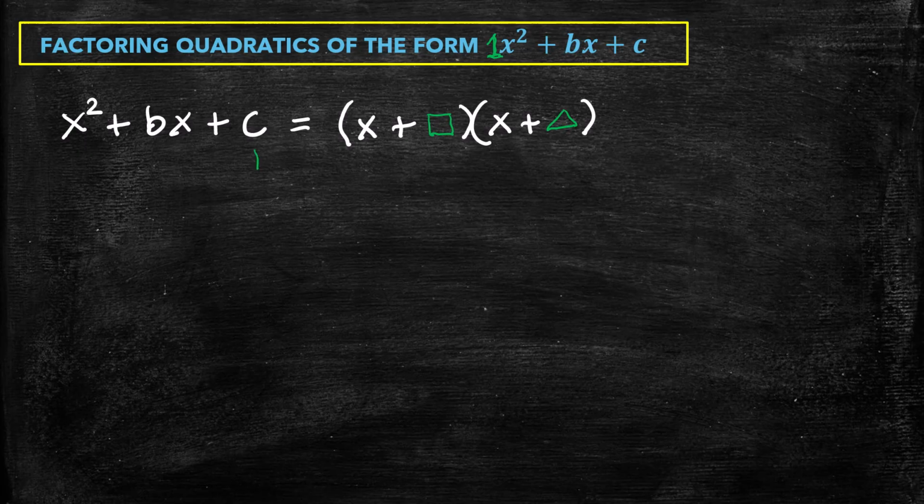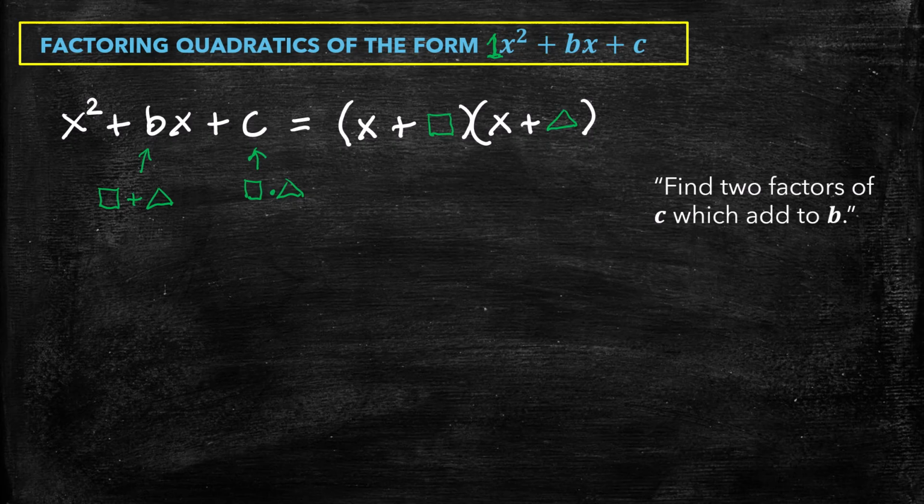And we observe that the product of those two quantities will equal the last term c, and the sum of the two quantities will equal b. Now b could be negative as well, but we can take that into account, and c could be negative, but we can adjust accordingly. So what we really need to do to factor is to find two factors of c, the constant term, which add to b, the coefficient of the middle term.